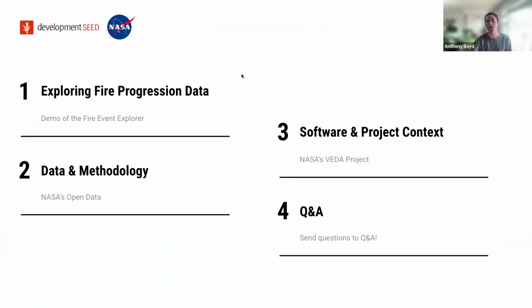Then Zeb will talk us through the data and the methodology behind it, and you all can dive deep into any questions you have about the data. Then I want to talk a little bit about the project context, but really the open source software that powers this tool and a lot of the tooling that we've been building with NASA to show their Earth science data. And then we will be sure to leave some time at the end for Q&A.